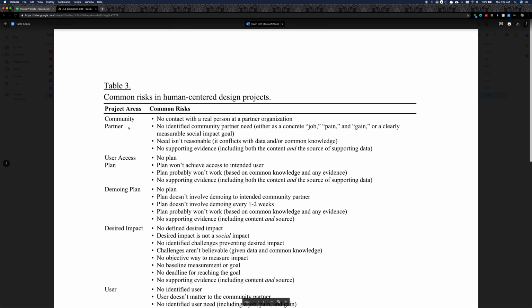So the language is a little bit different, but there were some commonalities.